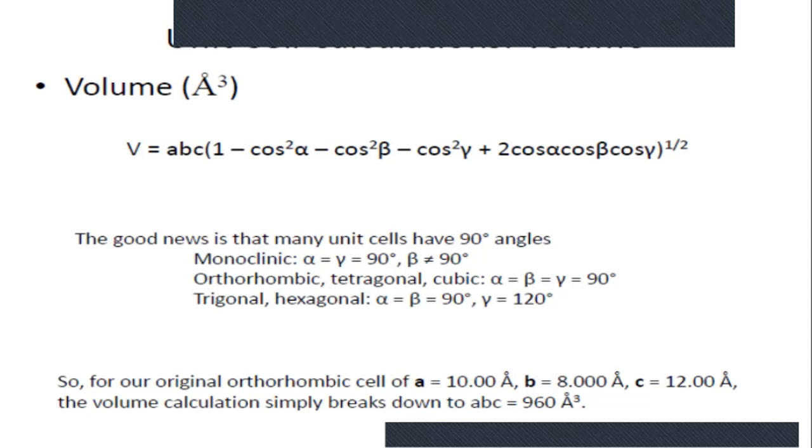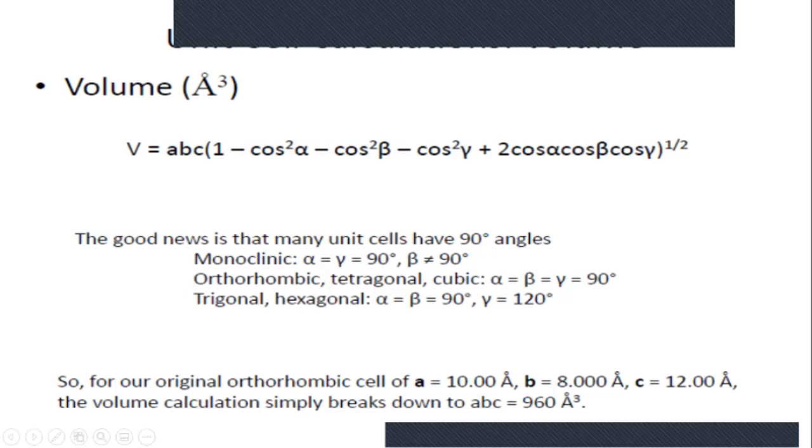And you remember the equation was just volume equals A times B times C. And that's because for a cubic system, all the angles are 90. So everything inside this square root is 0. So 1 minus 0 is 1, and the square root of 1 is 1. So that's why with cubic systems, it's very easy to calculate the volume.